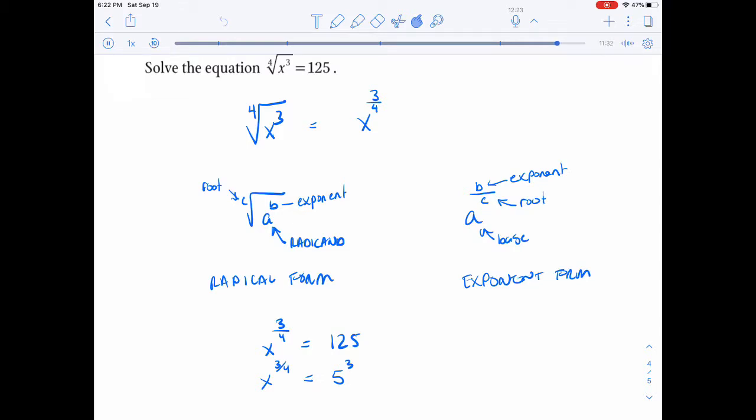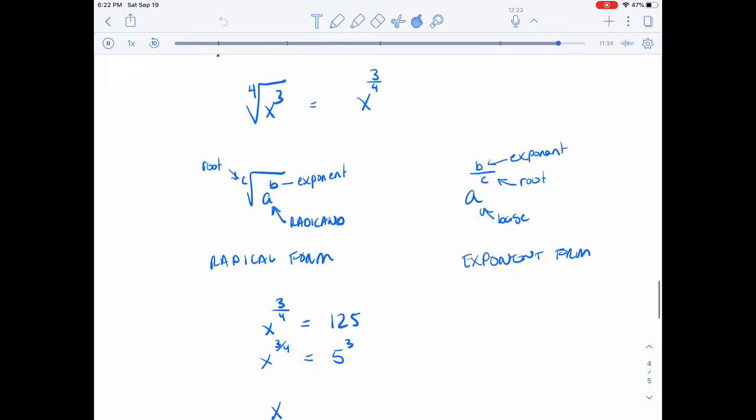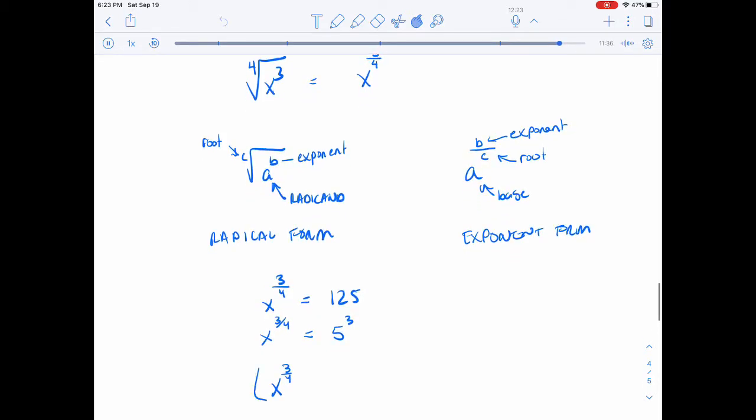And I am going to raise the left-hand side, x to the 3/4, to the reciprocal of 3/4, which is 4/3. If I do that to the left-hand side, I must do it to the right-hand side. So I would take 5 to the third power raised to the 4/3 power.